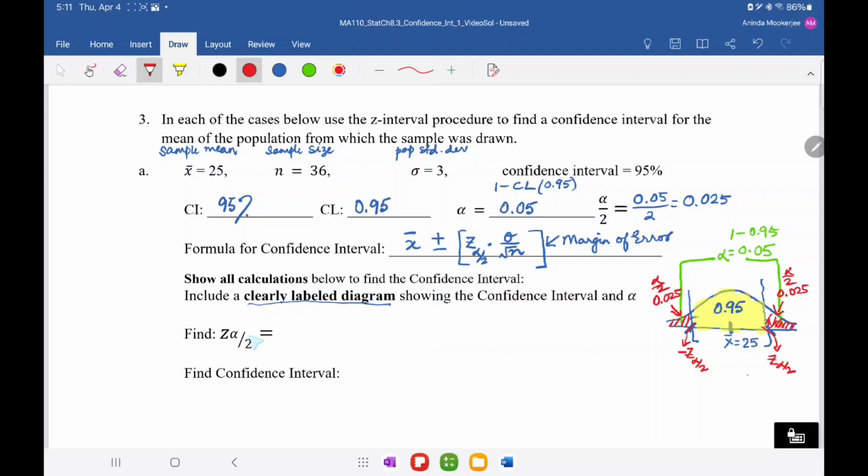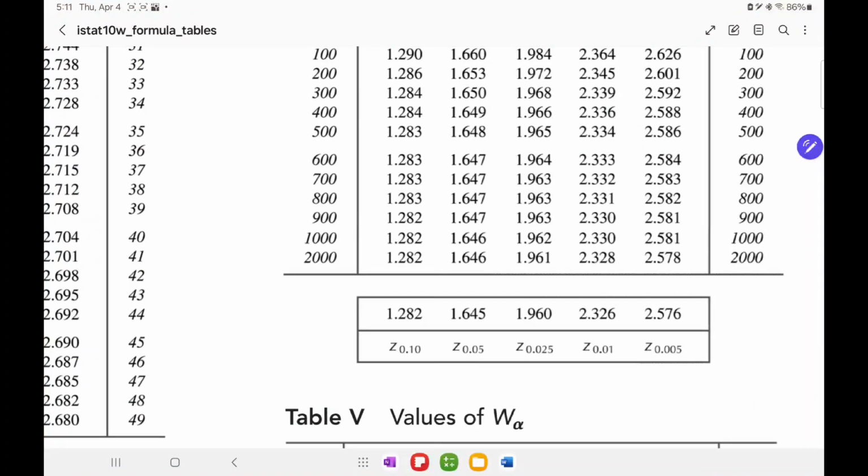Now, in order to find the z value, you need to refer to the table, or if you have a graphing calculator, you can use that to find the z value. But let me just use the table. Let me pull that up just a second. Here's our table. In this table, there is a special table just for specific alpha values: 0.10, 0.05, 0.025, 0.01, and 0.005.